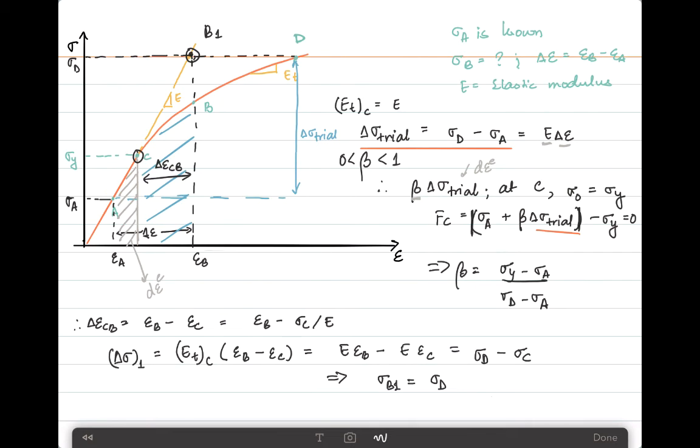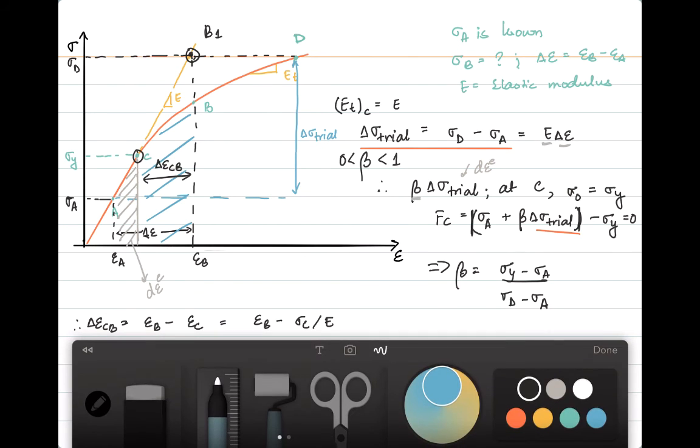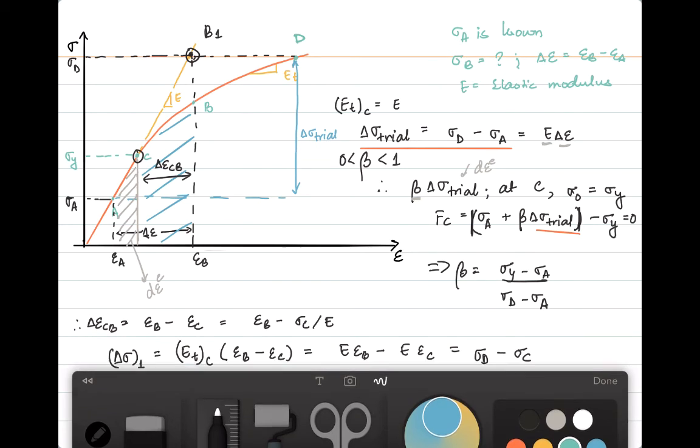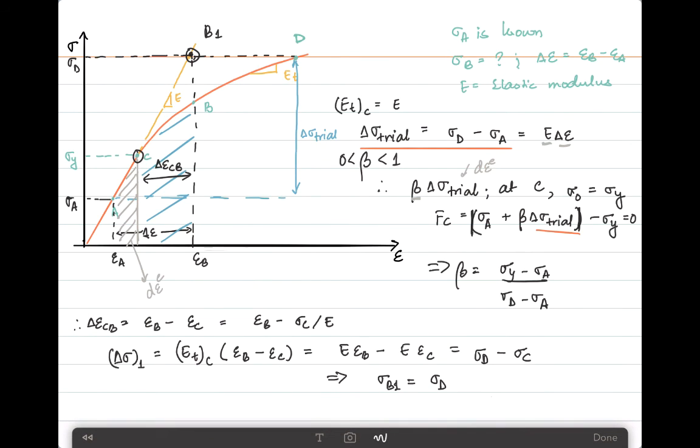So at the point C, we can draw the tangent stiffness which corresponds to ET at D, which is the same as this one. So these two parts are now parallel.